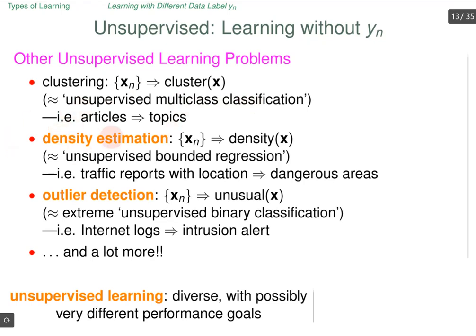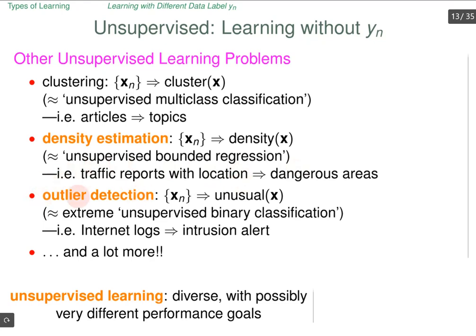Or density estimation: you have some data, for instance data from traffic with a location, which contains, for instance, car accident cases or some other interesting information. You may try to use those data sets and try to identify dangerous areas in the city.